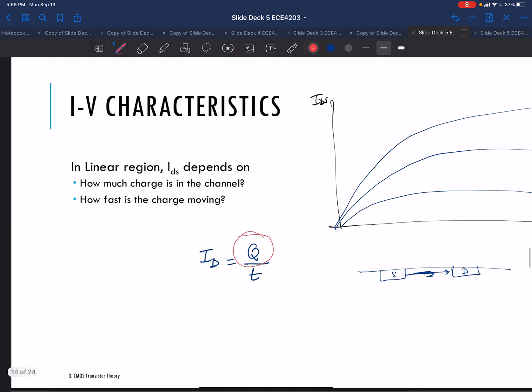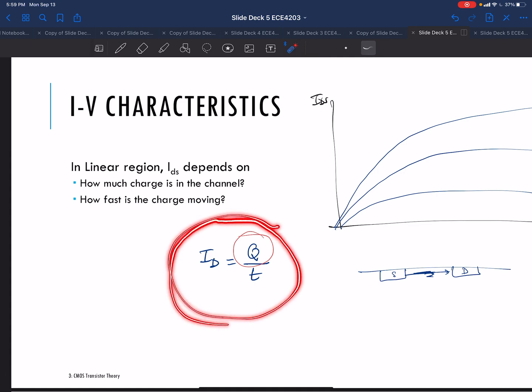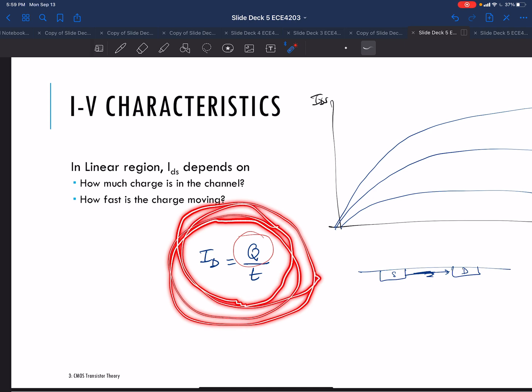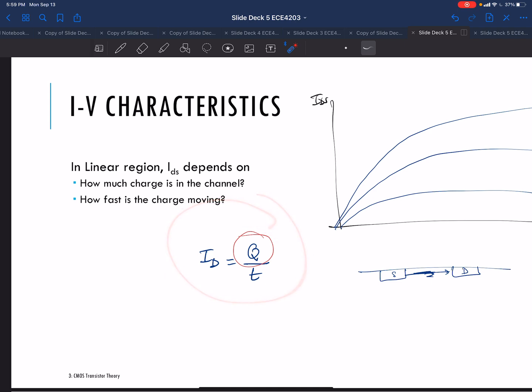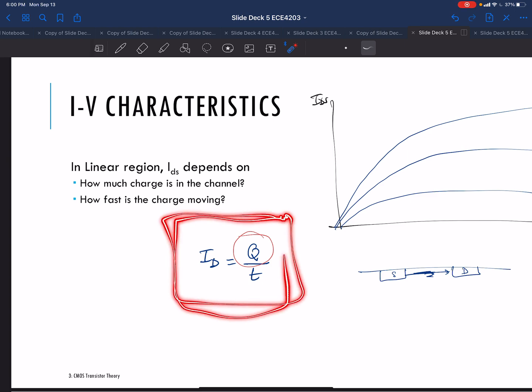I would say this is a general enough statement to be true under all circumstances: the current is the charge in the channel and how fast the charge is traveling across the channel. You can't argue with that. It's just a general statement, so this will always be true.